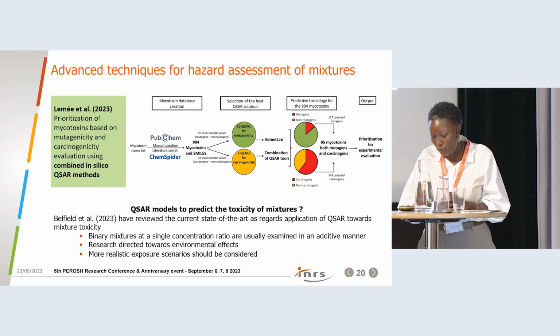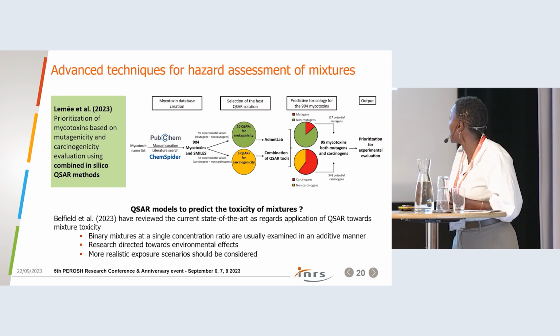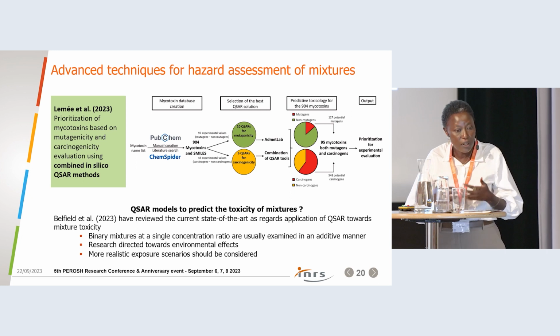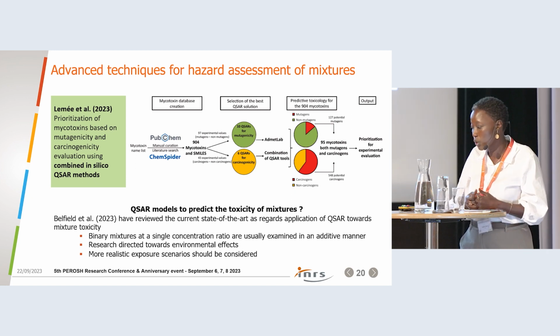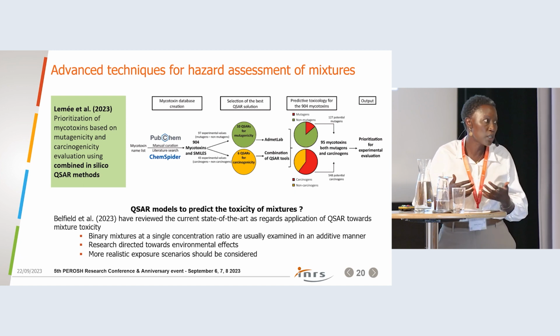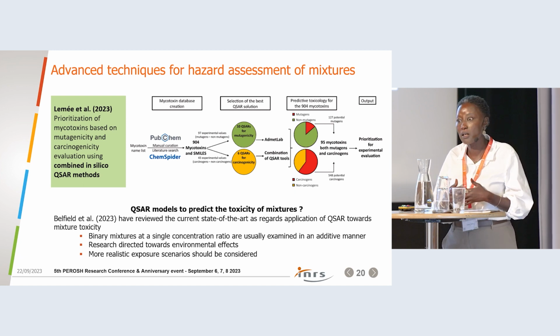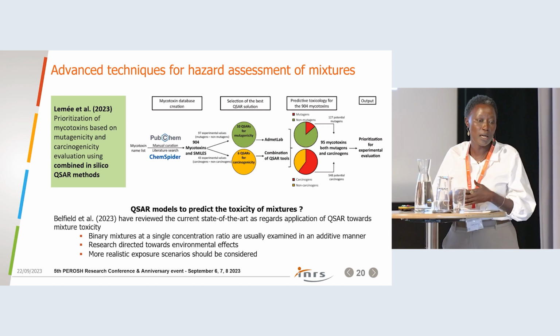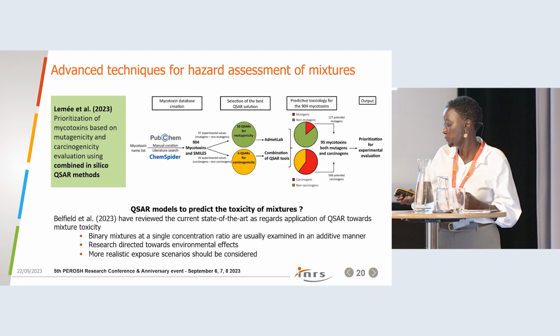And for the use of QSAR models for the testing of mixtures, we now have more and more studies on this topic, even though more studies are really needed, because so far these models are mainly on binary mixtures at a single concentration.